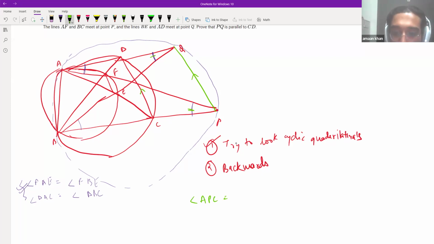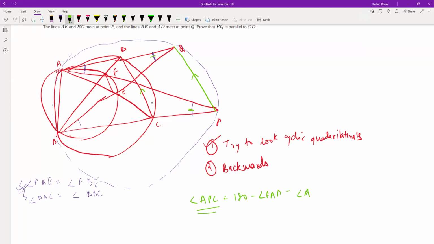So how can you relate APC to angles formed by the points A, B, C, D, E, and F? The angle APB is equal to 180 degrees minus FAB minus ABC.